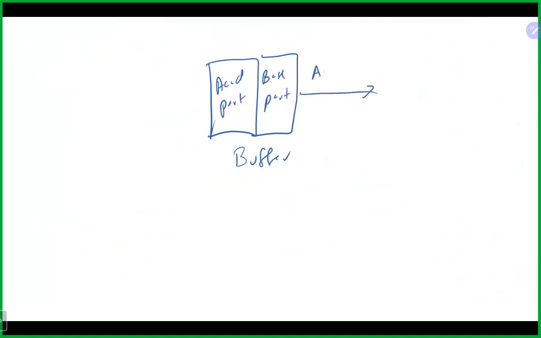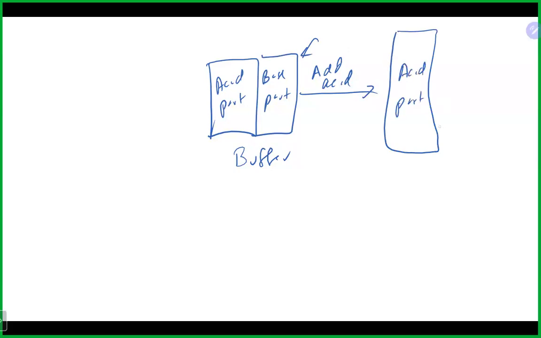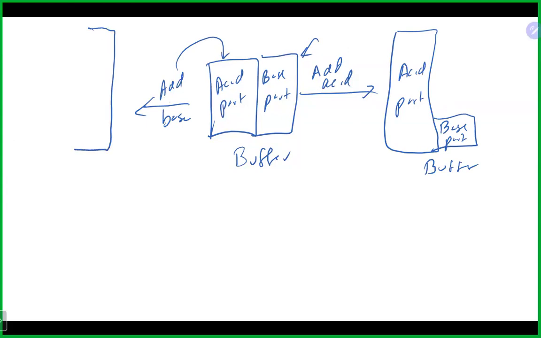When you add additional acid, it will react with the base and you will make some more of the acid part of the buffer, but you will use up some of the base part of the buffer. Same thing happens this way when you add base to your buffer. It will react with the acid part, and you'll make some more of the base part of the buffer, and you'll use up some of the acid part of the buffer.